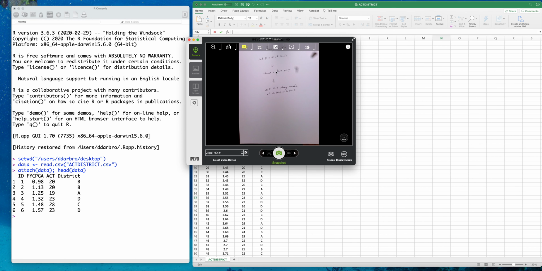Then we create variables of zeros and ones. Zero is not in that group, 1 is in that group. So I think I gave an illustration of the new matrix, so to speak, of zeros and ones in a previous lecture. So I'm going to go directly to the application of that.